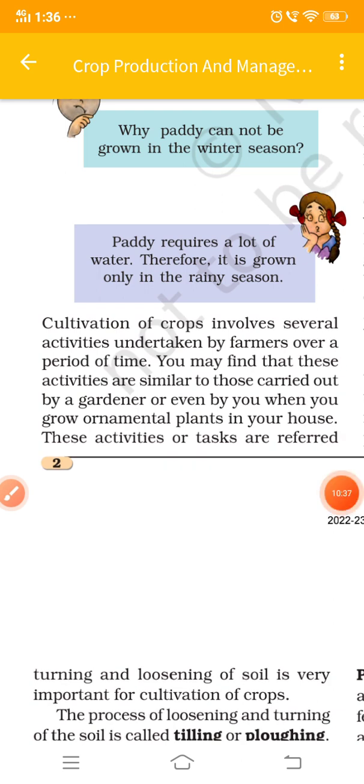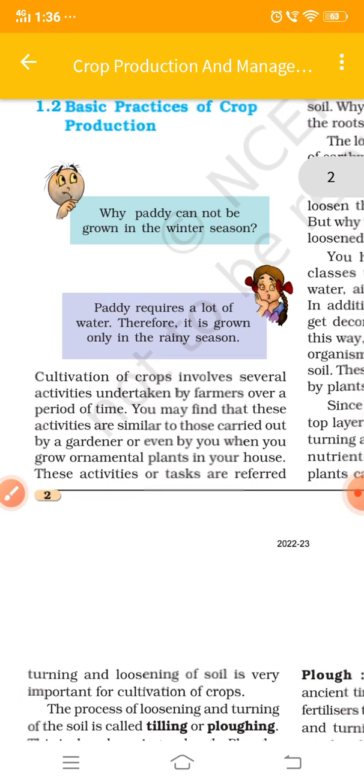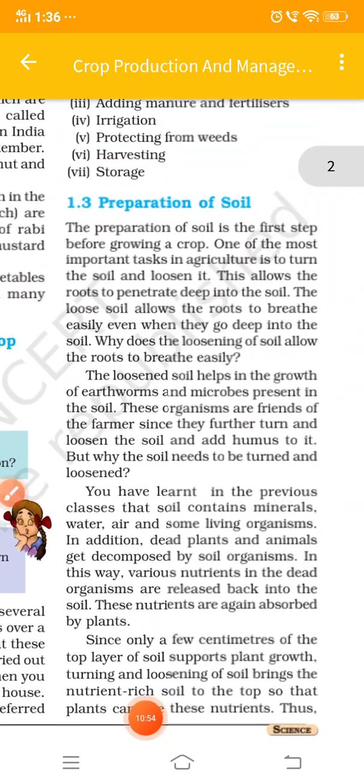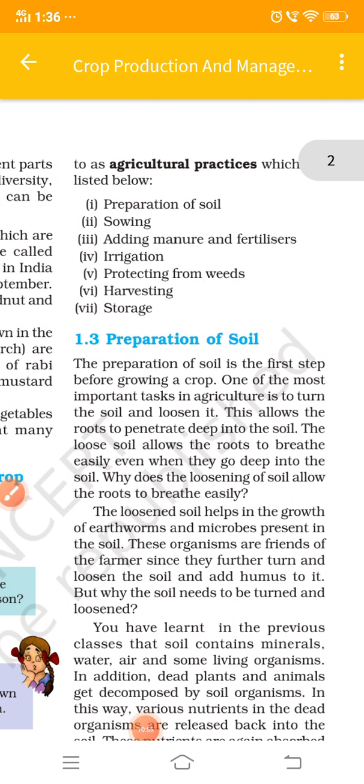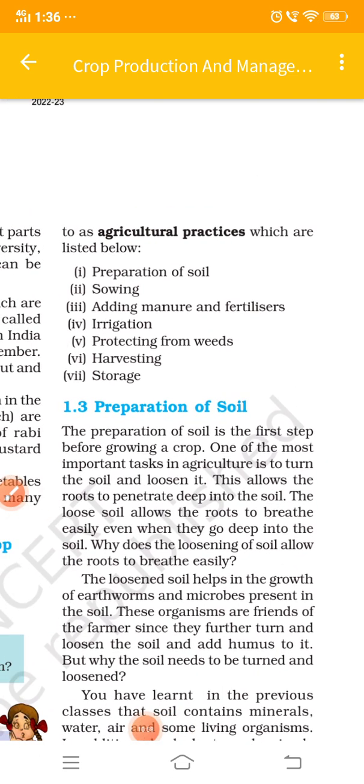Cultivation of crops involves several activities undertaken by farmers over a period of time. You may find that these activities are similar to those carried out by a gardener or even by you when you grow ornamental plants in your house. These activities or tasks are referred to as agricultural practices, which are listed below.